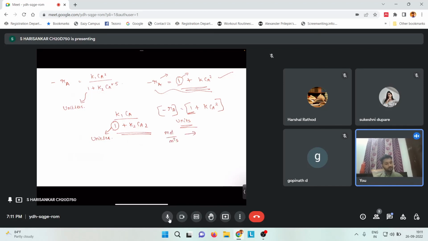This should be equal to the right hand side as well, mole per meter cube second. So this one should have the unit of mole per meter cube second, and this K Ca square will also have the unit of mole per meter cube second. That is the concept we are using. Only if the number is in a denominator can you take it as a constant with no units. Fine.